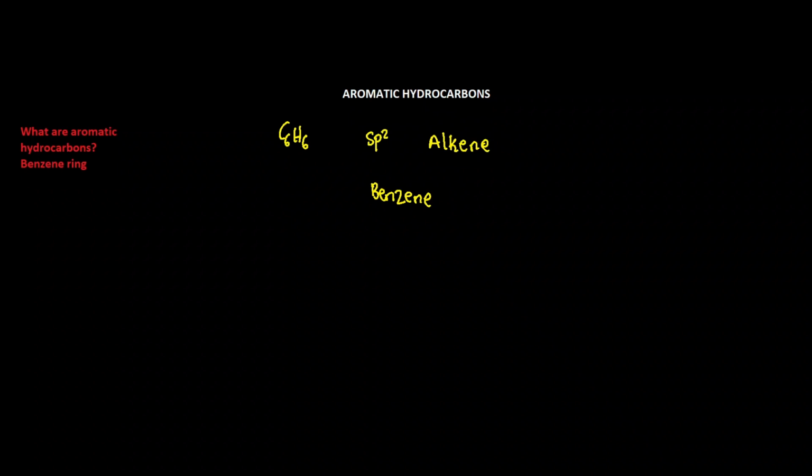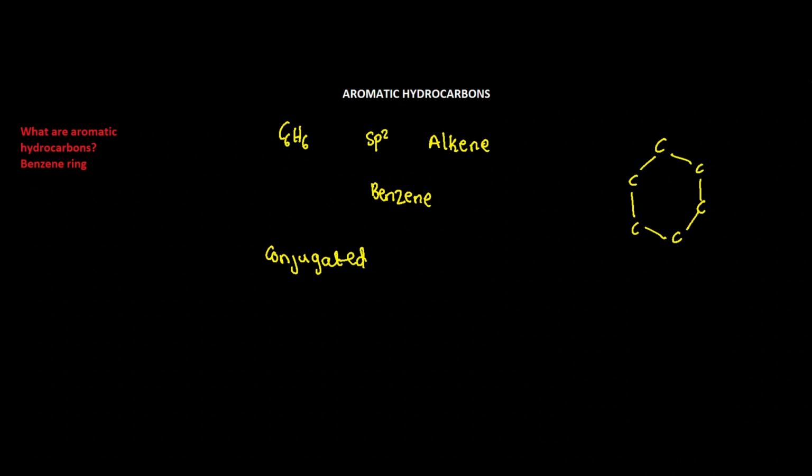Now the benzene has a structure that looks like this. It's a hexagonal ring with all six carbon atoms arranged in the ring like this. So 6 sides with 6 carbon atoms. All of the 6 carbon atoms and the 6 bonds between them are equivalent, and benzene has conjugated double bonds.